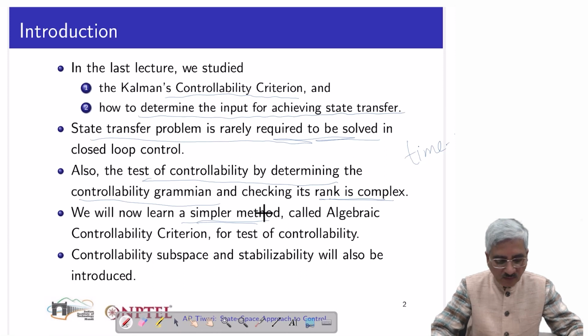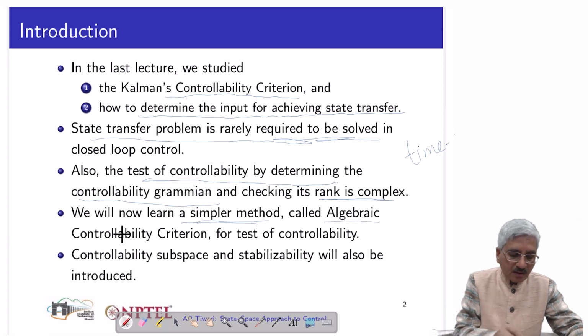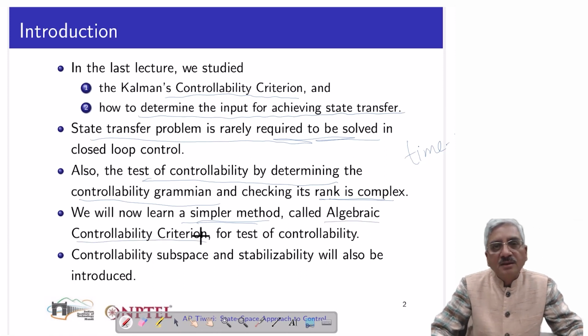One of them is the algebraic controllability criterion, using which we can test the controllability of a linear time invariant system with much more ease compared to the controllability Gramian.